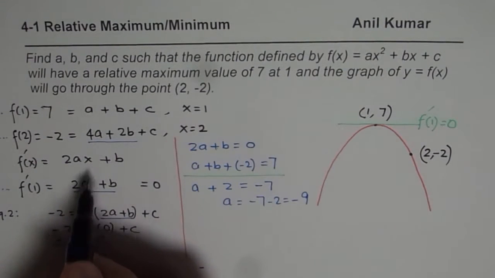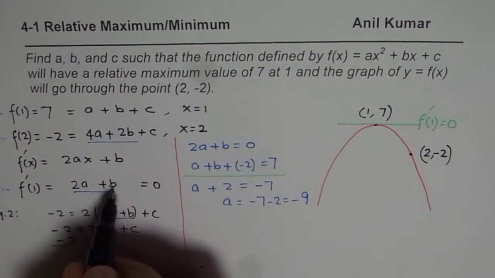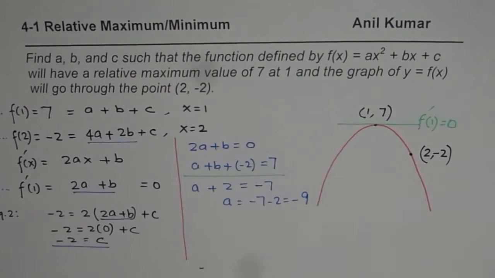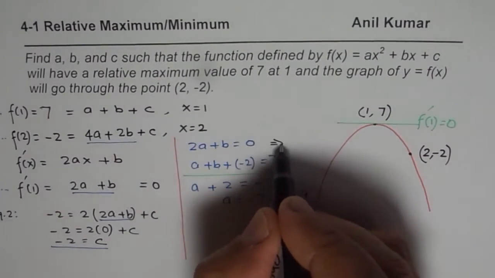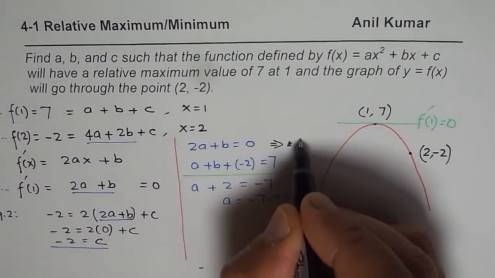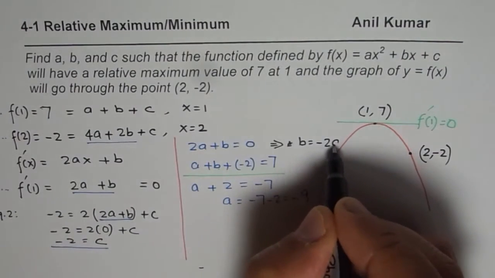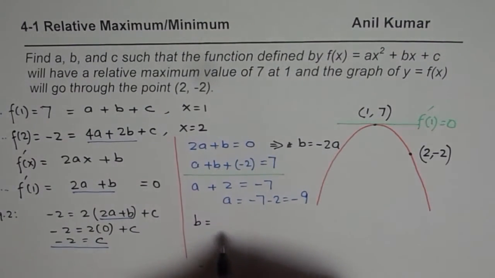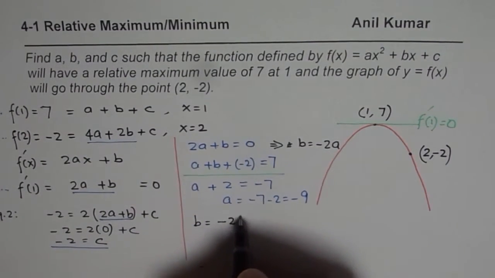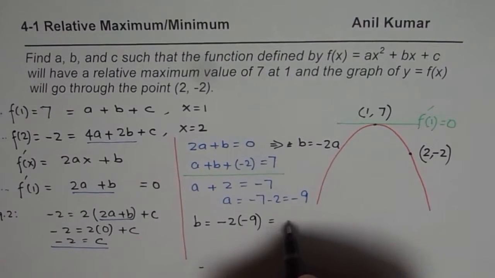So I get the value of a as -9, and I can find b. From this equation, 2a plus b is 0, this basically implies that b equals -2 times a. So I can write b as -2 times -9. That is, minus minus becomes plus 18.